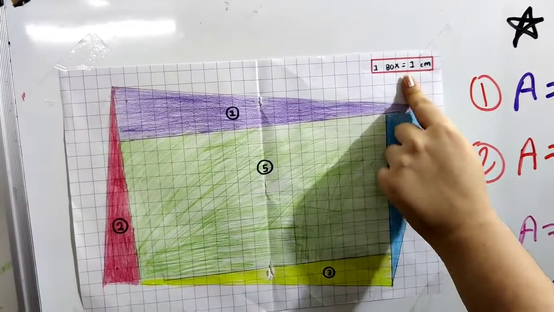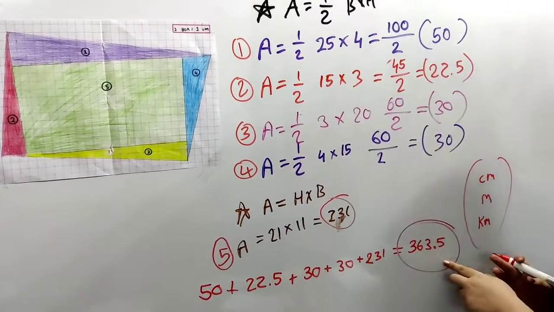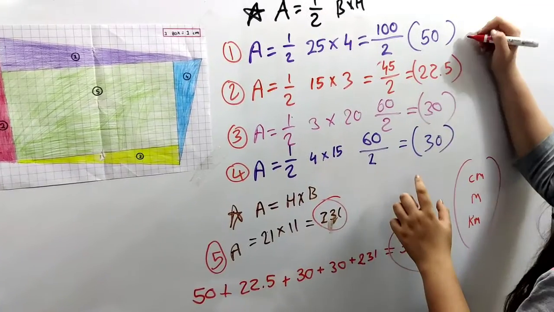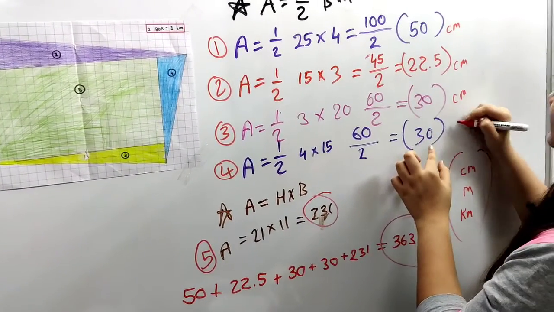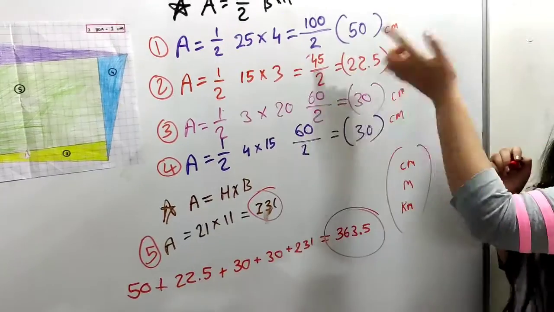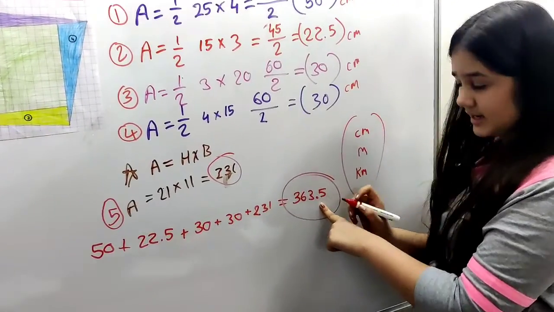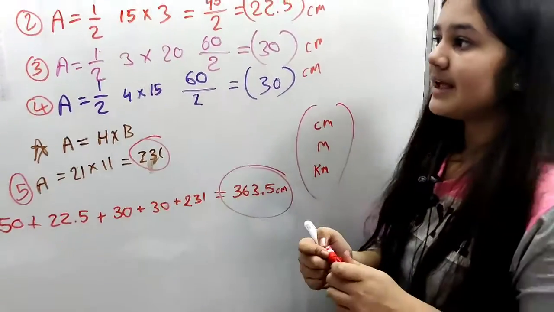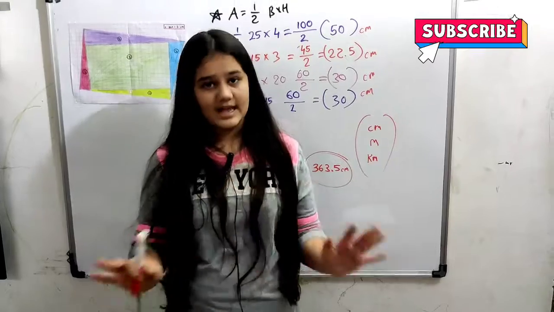So I have to write in centimeter. But assume that if maybe I have it in kilometer, then I'll add kilometer. But I have everything in centimeter, so I wrote centimeter, centimeter, centimeter and centimeter. After all the amounts I should have centimeter, and after the main calculation I also have to include centimeter. It can depend on your situation. You can also write kilometer, meter or anything.